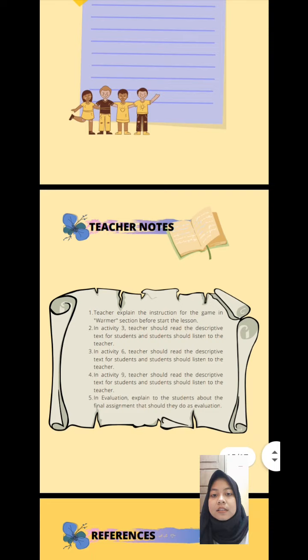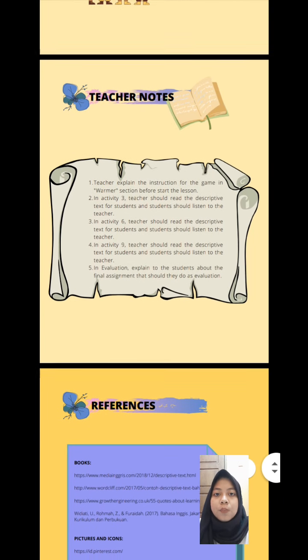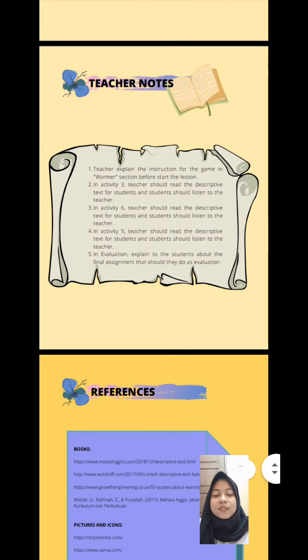After that, I also complete this book with the teacher notes. So it's not for students, it's for the teacher. Such as in activity 3, activity 6, and activity 9, teachers should read the text for the students.